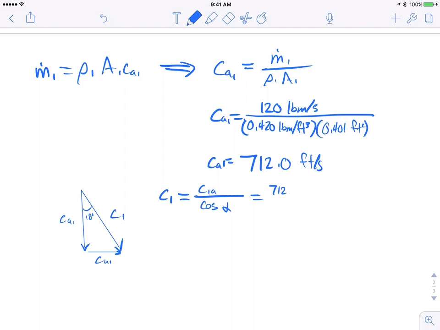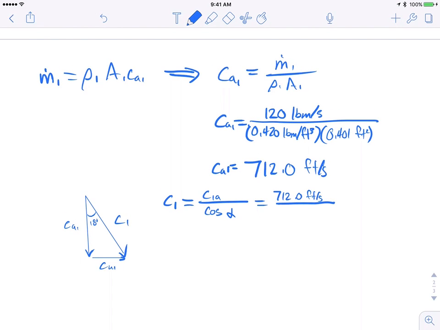So 712 feet per second over cosine of 18 degrees gives us an absolute velocity of 749 feet per second.